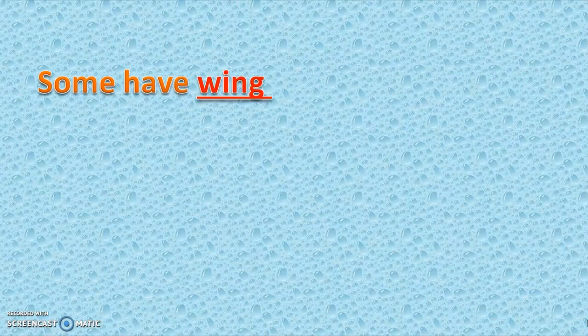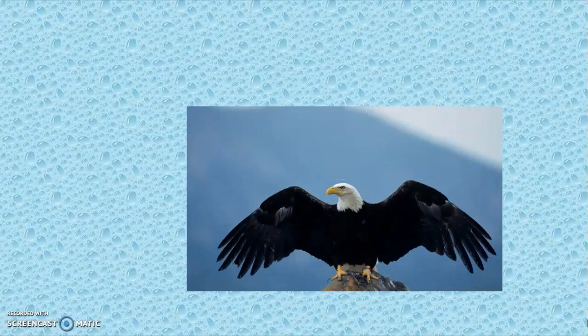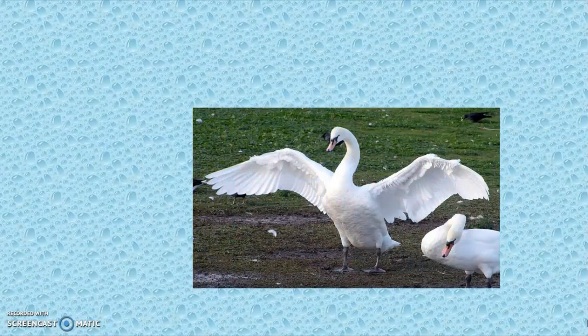Some have wings. Okay, we're talking about wings. What kind of animals have wings? For example, birds like this eagle, and this one, the swan, have wings too.